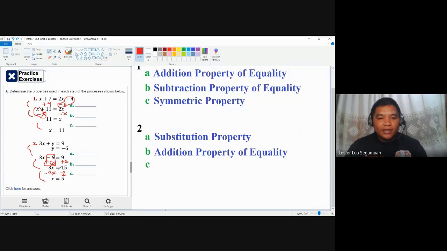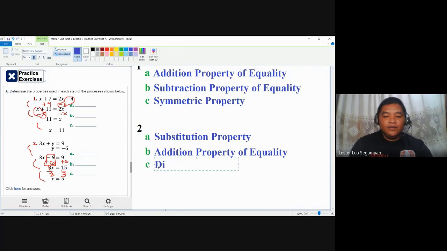What appears here is actually we are dividing by 3 so that we can cancel that out, leaving x. And we also divide the other side by 3 because 15 divided by 3 is 5. So instead of the subtraction property of equality, what is applied for letter C is the division property of equality.